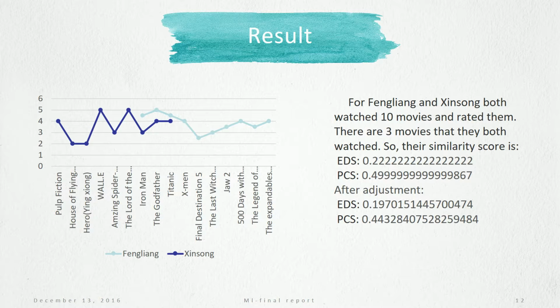In results, Fengliang and xinsong both watched 10 movies and rated them. There are 3 movies that they both watched, so their similarity score can be calculated as follows. We can see after the adjustment, the weighted similarity score is a little bit smaller.